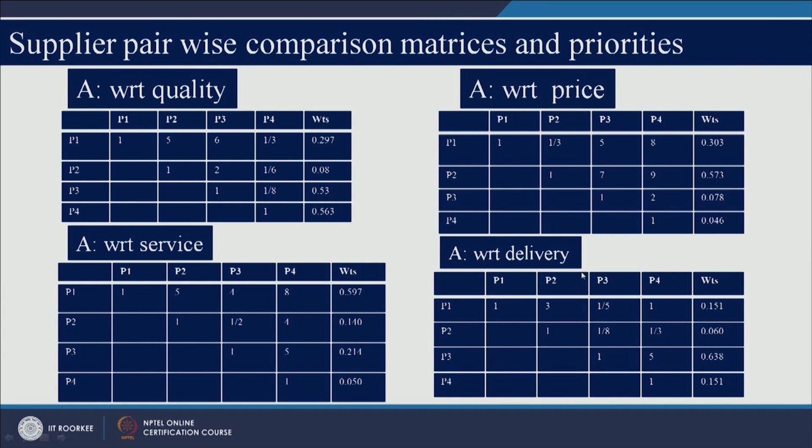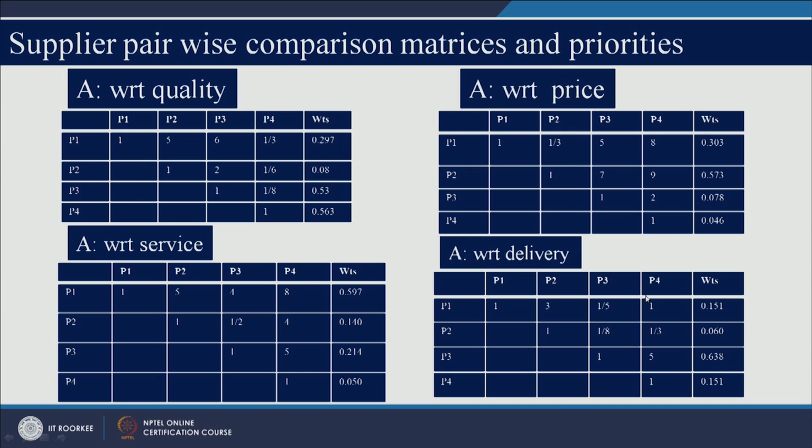So, this is the complete weightages for all these projects with respect to all those criteria. So, for quality you got this, for price you got these weights, for service you got these weights, and for delivery these weights. And this is very simple, I think you can easily calculate.